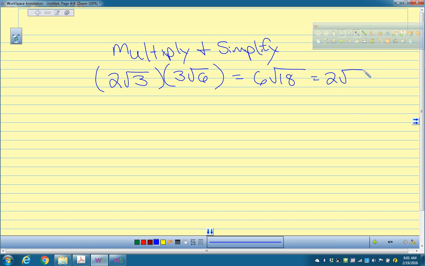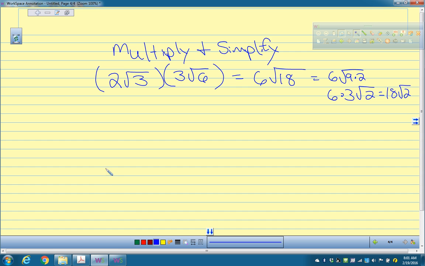9. So I could rewrite this as, the 6 is in front, right? There's a 6 in front, times 9 times what? 2. Then I could pull this 9 outside of the box and turn it into what? 3. Okay, so I have 6 times 3 times the root of 2, which is equal to 18 root 2.